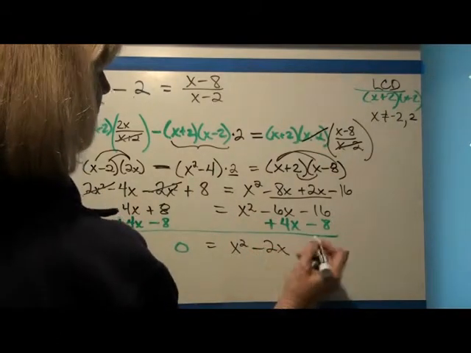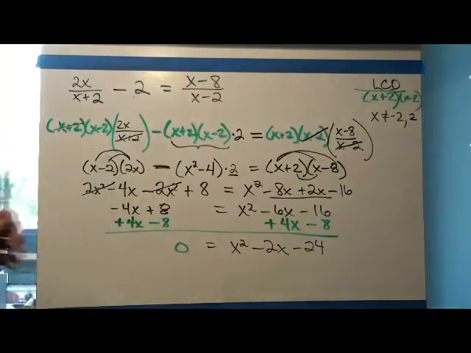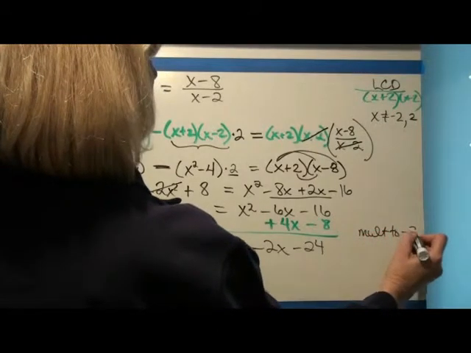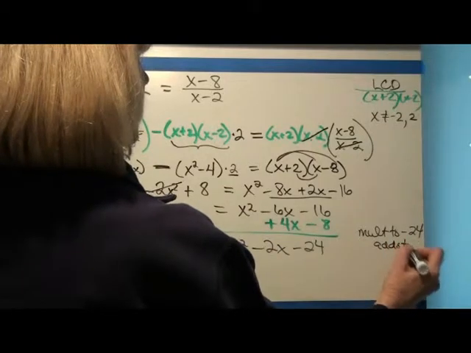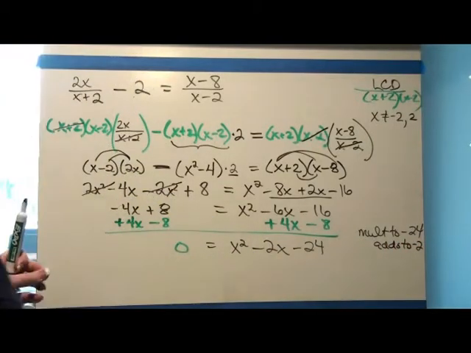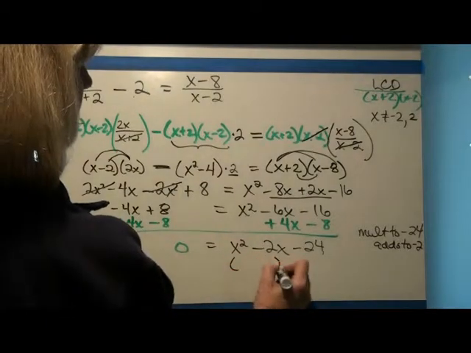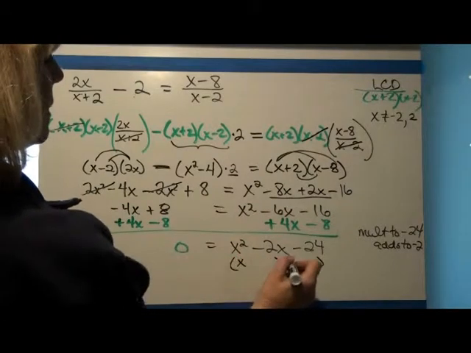Minus 2x minus 24. So now I need something that multiplies to negative 24 and adds to negative 2. Have you got it yet? What do you think about it?